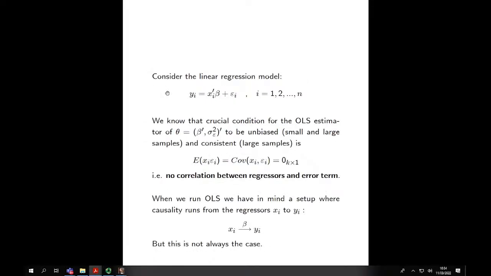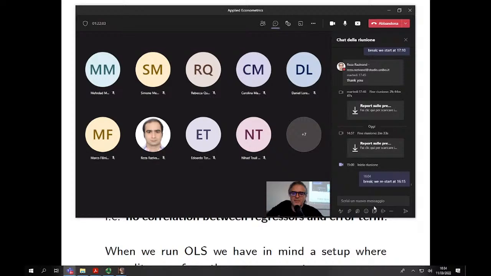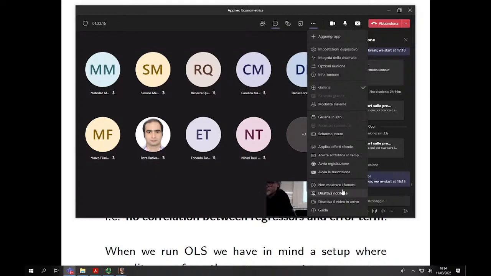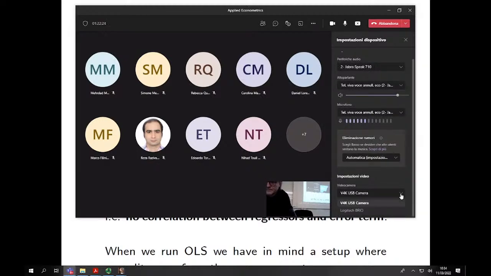So what do we mean by that? We start from our linear regression model. Can I stand up? I don't know if they can see me. If I stand up, probably you don't see me. But maybe we change the camera. No, you didn't see it like this. At the center, of course.